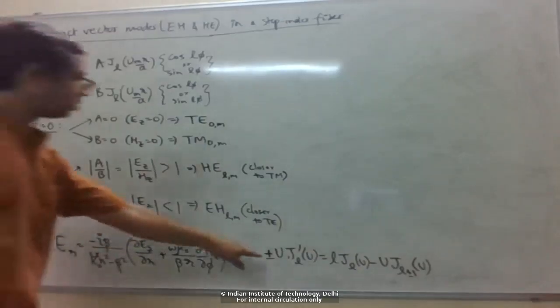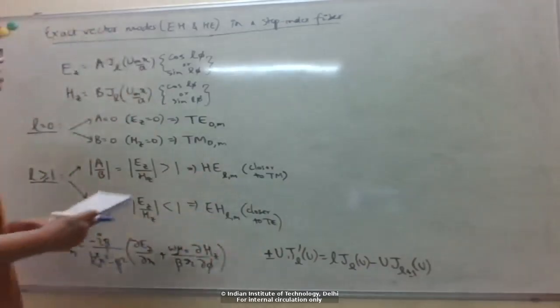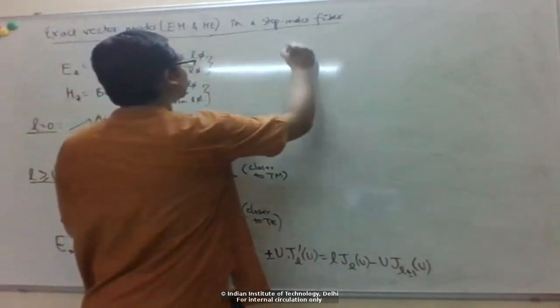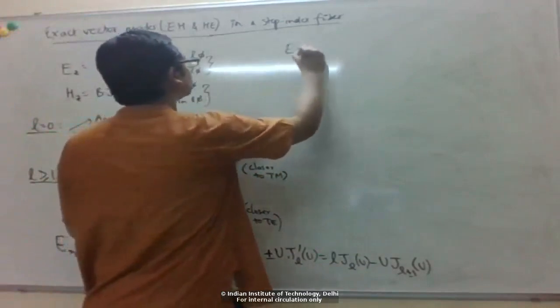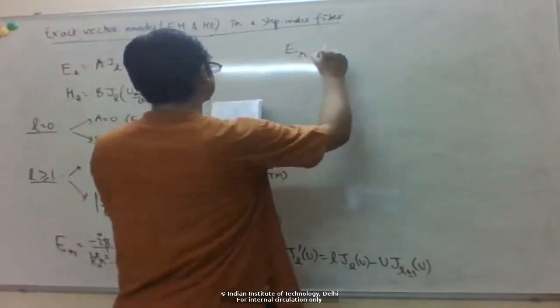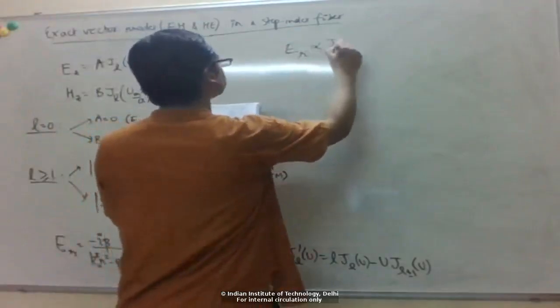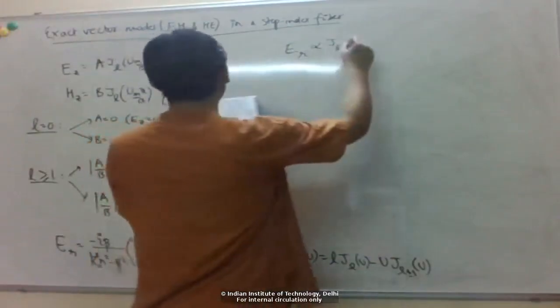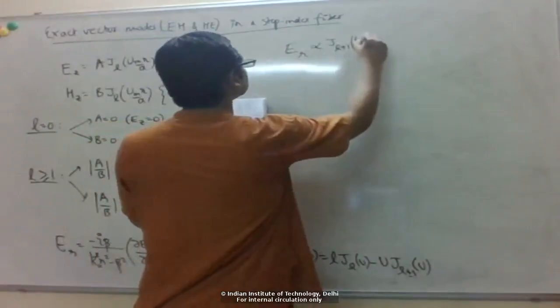Right. So using these identities for these other field components, we get fields like, for example, ER. If you take a plus sign here, you get J L plus 1.